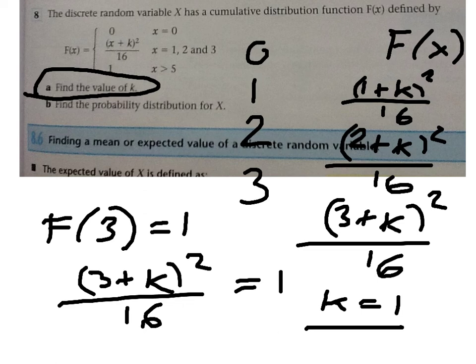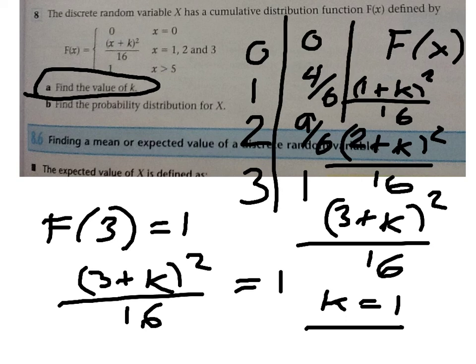So our cumulative probabilities will be 1 for 3, then we've got (2 plus 1) squared, which is 9 sixteenths. That's 3 squared is 9, and then it will be 4 sixteenths for 1. Now for 0 it was 0 anyway. So that's our F of x distribution: 0, 4 sixteenths, 9 sixteenths and 1.